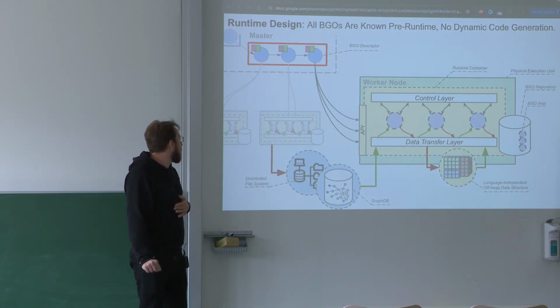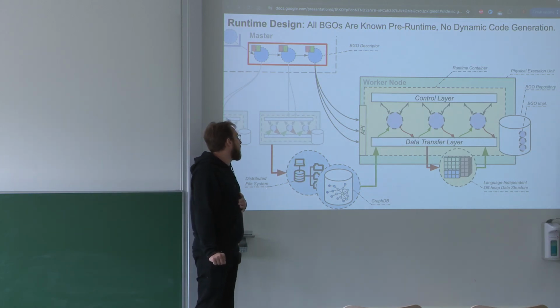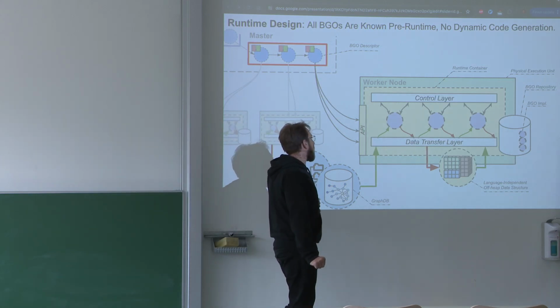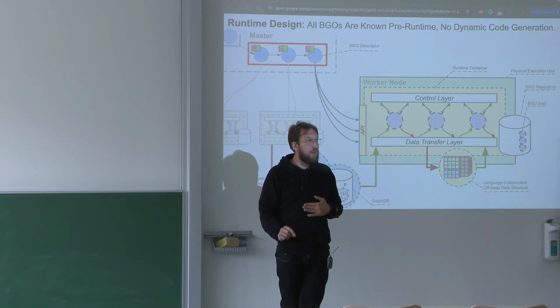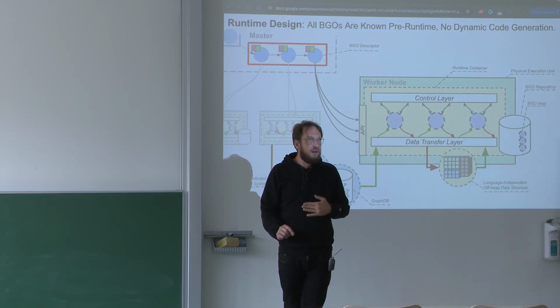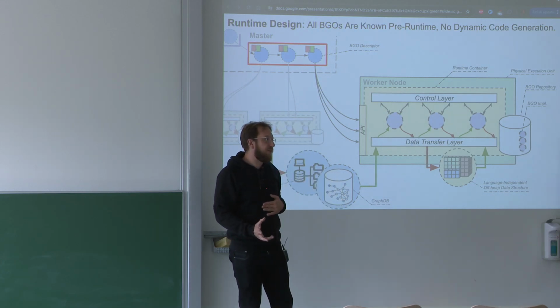I like this idea of a traversal. So when we assume that, and this is very Graph Massivizer specific right now, I haven't seen a BGO that is only a transformation or something like that.